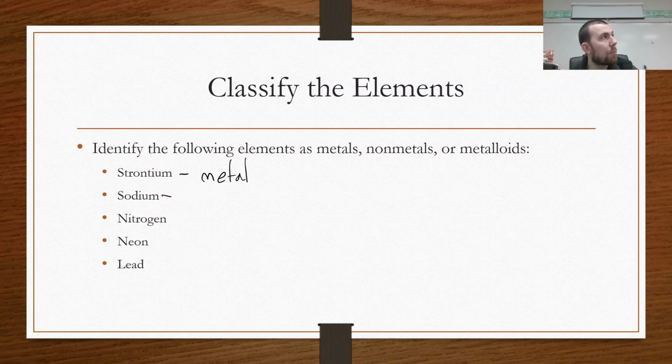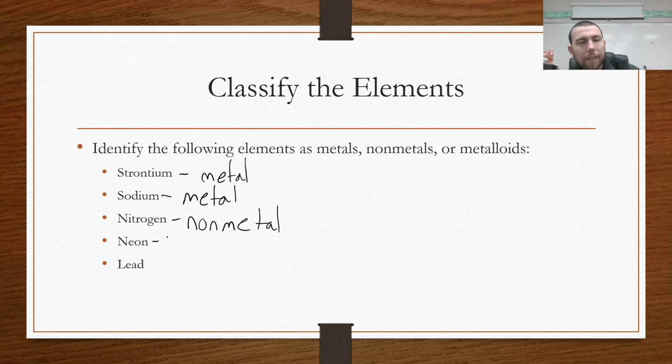Sodium, element symbol Na, it's in column number 1. It's also a metal. It's not the very first element. It's not hydrogen, so it's a metal. Okay. Next up, we've got nitrogen. Nitrogen is in column 15. Notice that it's on the right-hand side of the periodic table. It's not actually on the staircase, so nitrogen is a nonmetal.